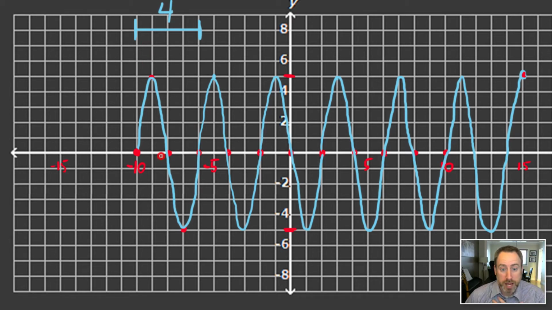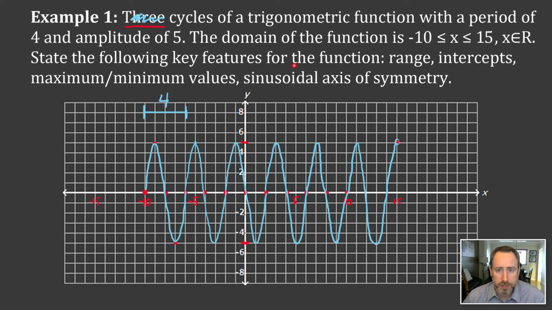I chose my x-axis scale to be ones. Maybe you don't go by ones. That's going to depend on what it is you're drawing. Now we've been asked to state some of the key features. What is the maximum? What is the minimum? So that's going to also depend on your drawing. My maximum is 5, so I could just state that here, max of 5. You might want to list this on the side somewhere instead of on the graph so that it doesn't get so messy. I have a min of -5.